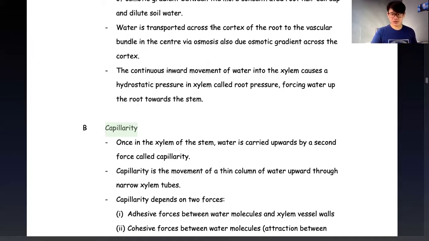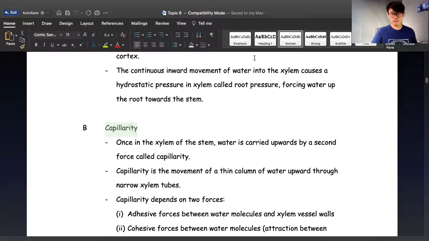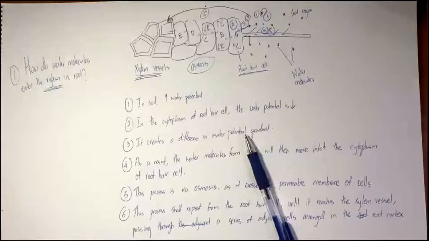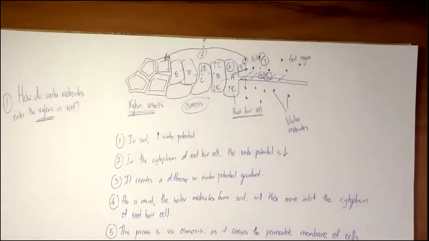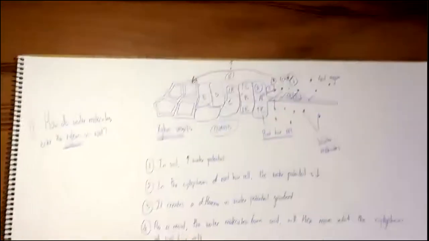Right. So if I just go back to my whiteboard here, that was the first question that we had. I'm going to summarize it later, but this is the bit.